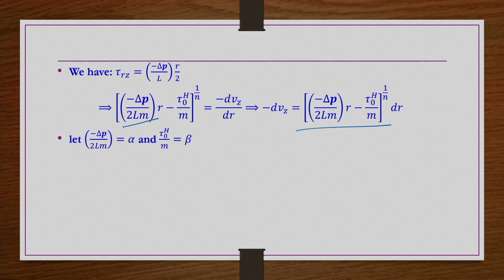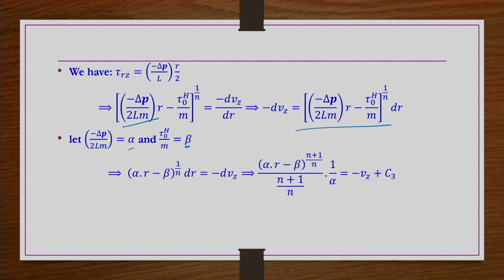Before integrating, for simplicity, I am writing minus delta P by 2Lm as alpha, and tau naught H by m as beta, so that I do not need to write so many terms repeatedly. That is, alpha r minus beta, power 1 by n, dr equals minus dVz.